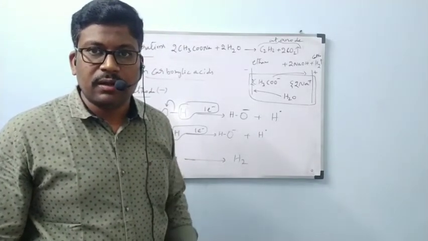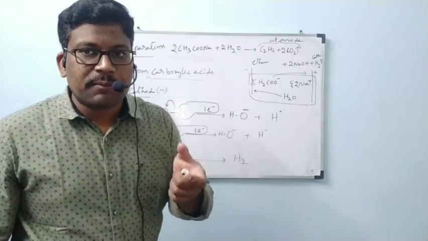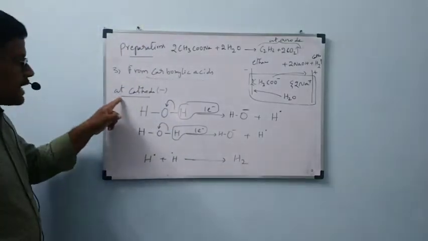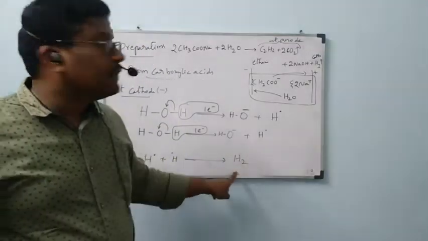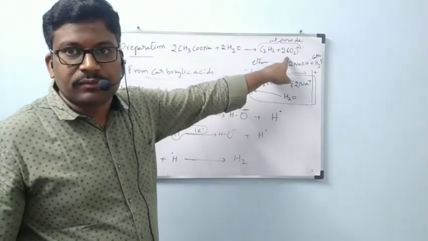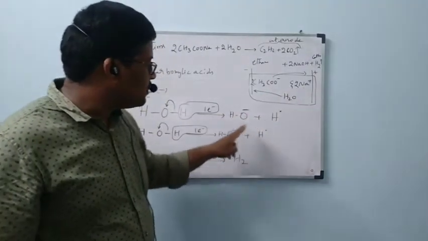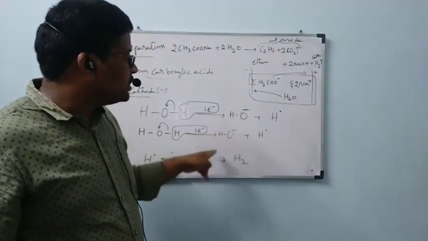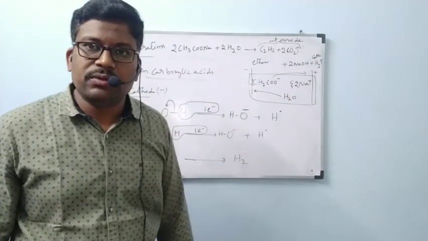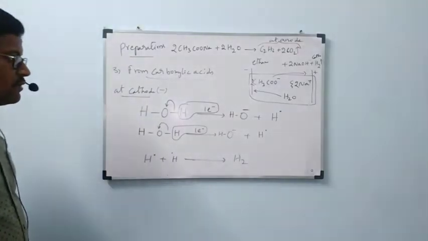Now one more time I am writing the complete overall reaction, mentioning the products at the cathode and the products at the anode. At the cathode, hydrogen gas is liberated. At the anode, ethane and carbon dioxide gas are released. 2 Na plus and 2 OH minus remain, and these combine to form NaOH, which remains in the solution. Note this down, all of you.